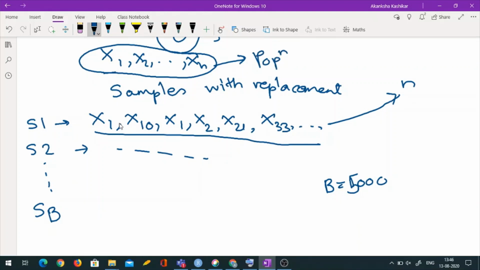If this is my population and I want to infer something about it, I am going to do sampling from this. But the problem is my population size is finite. If I don't do sampling with replacement, then I am not going to get many distinct samples. In fact, if I want the sample size to be n, I will get exactly one sample only, which is the same as the population.